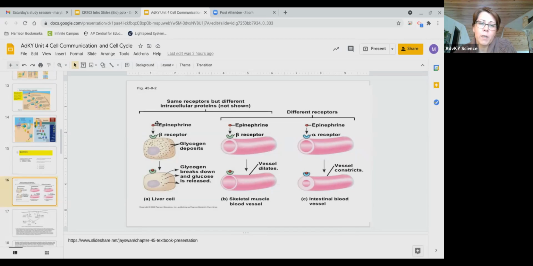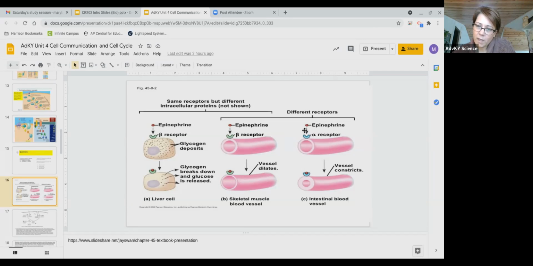If epinephrine docks to a liver cell, that's going to tell that cell to break the glycogen down and release glucose. Skeletal muscle needs a lot of blood, a lot of oxygen getting to it, a lot of that glucose so that they can fight or flee the situation.